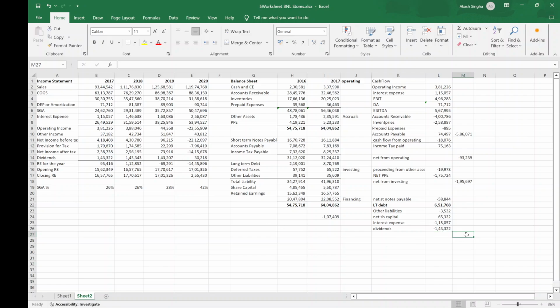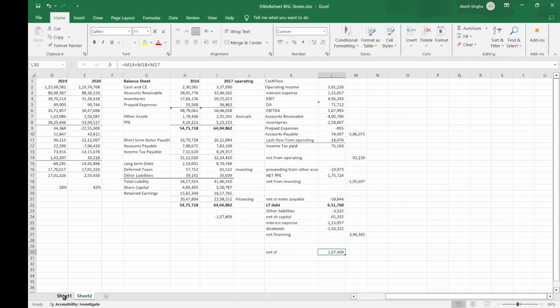Now the net is, so total net financing, net cash flow equals this plus this plus this. So it should be 107409. Okay, it's 107409. So it's done.